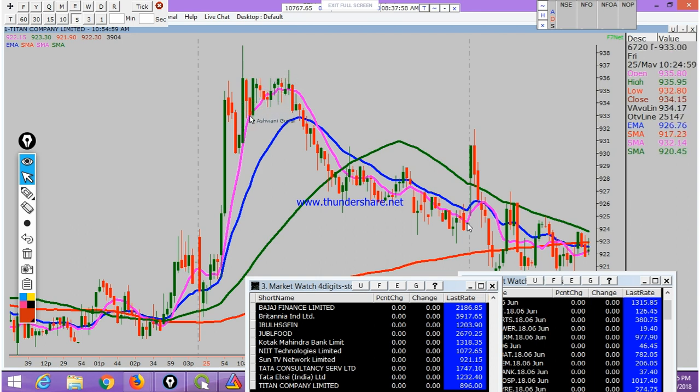The moment this green bar's low got taken out, you should be ready on the other side.